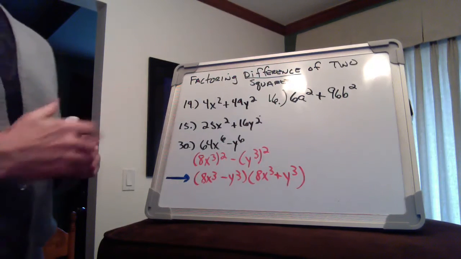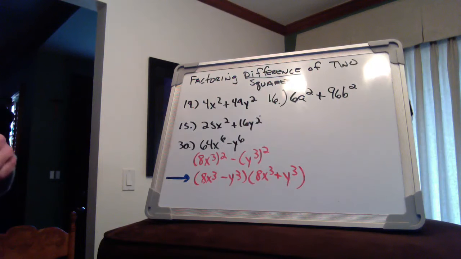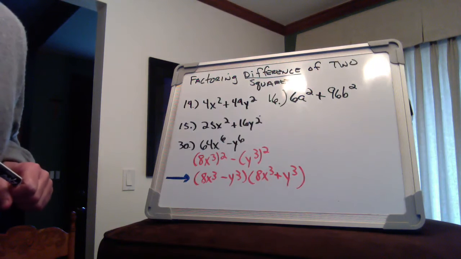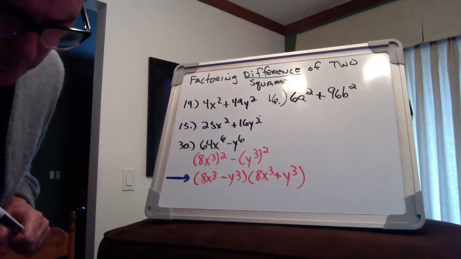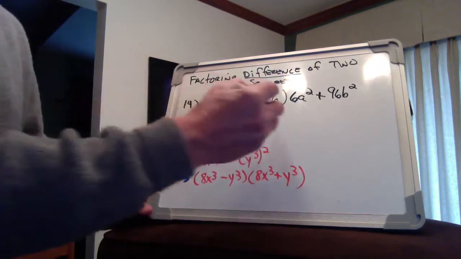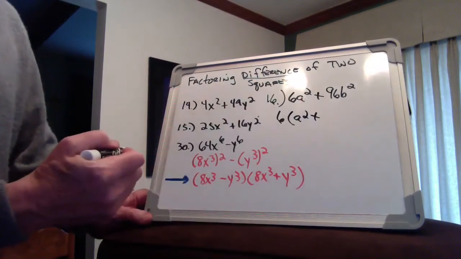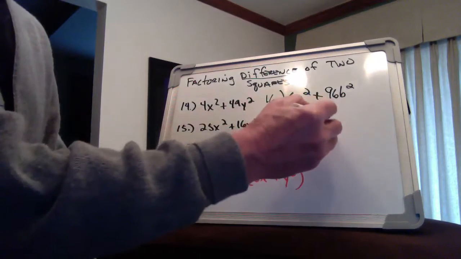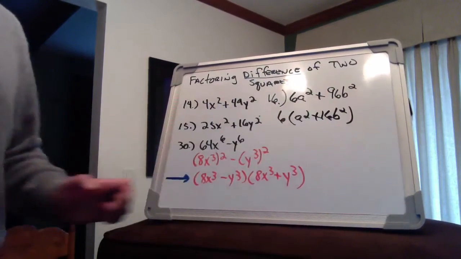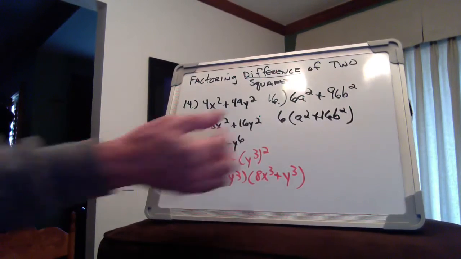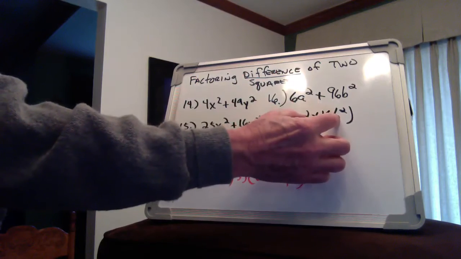However, unlike 14 and 15, what you could do to factor it is you could factor out a GCF. Okay, so if I factor out a 6, it is 6 times the quantity of a squared plus 16b squared. So now if you look closely, yes, within the parentheses, you do have two terms that are perfect squares.